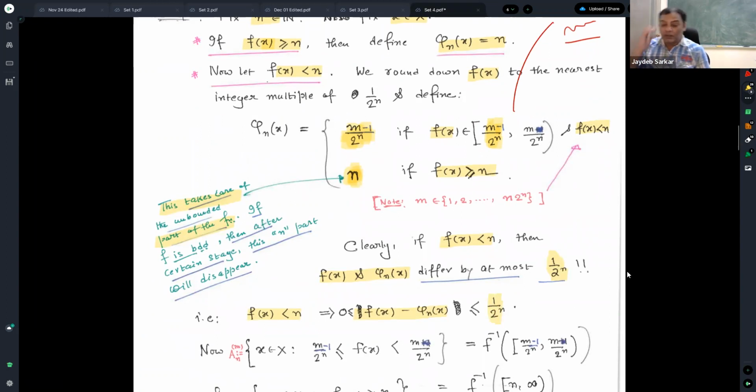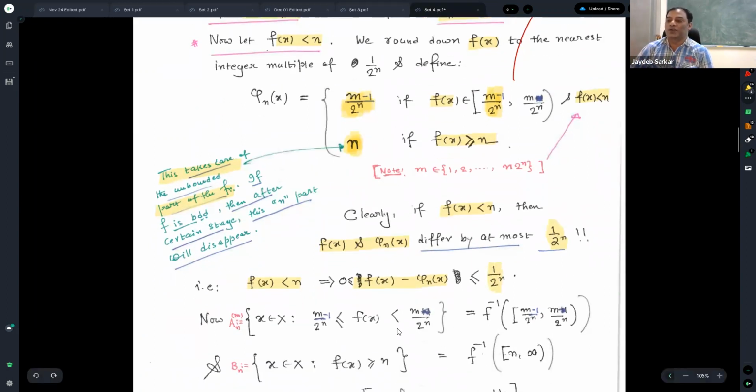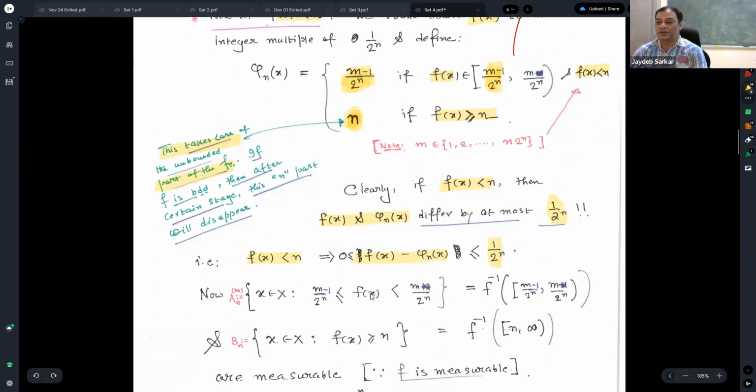Right. Therefore, now I construct the sets of interest. I set A power m sub n, where m runs over the subintervals. So A_mn is those x from X such that f(x) falls in this region.